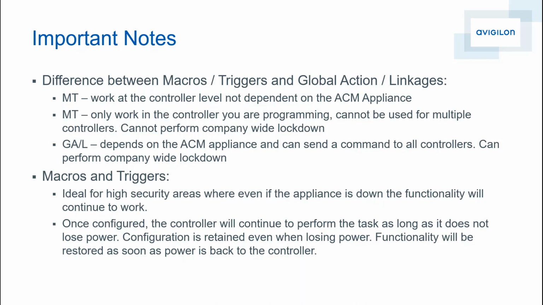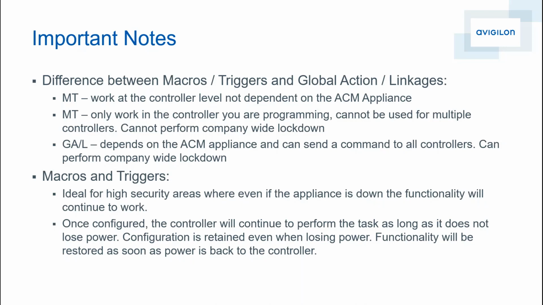So in that example, it would be very difficult to program a company-wide lockdown using macros and triggers. The opposite would be global actions and linkages. Global actions and linkages depend on the appliance. So if the controllers lose communication with the appliance, they will not be able to execute the global action and global linkage.